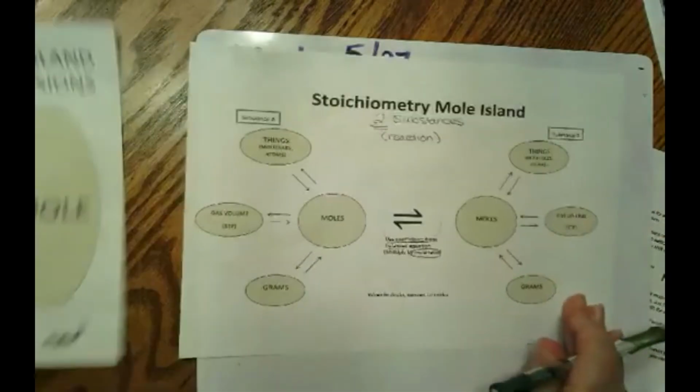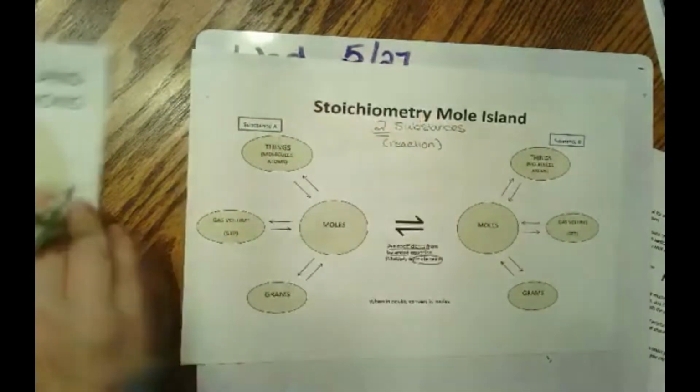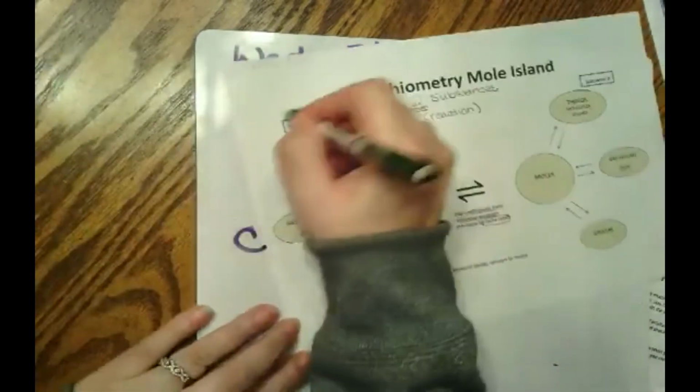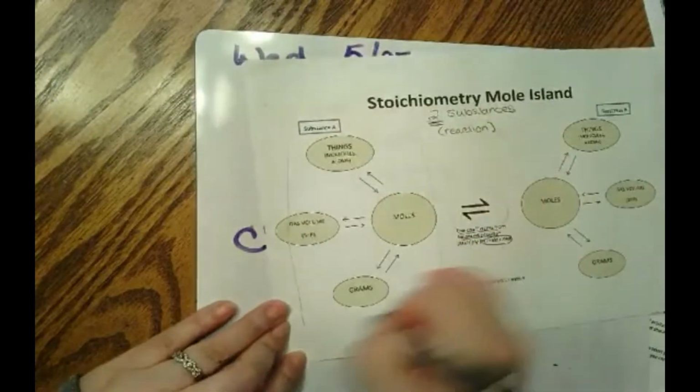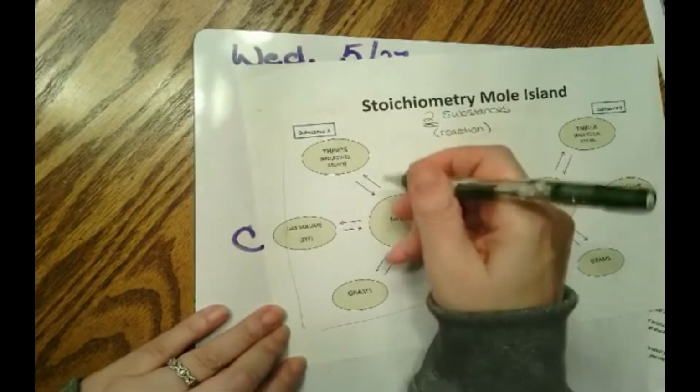So let's look at our full stoichiometry mole island. What we just looked at, this one substance conversion, is this side of the chart. That's for substance A, okay? So you could put right on here if you wanted to.